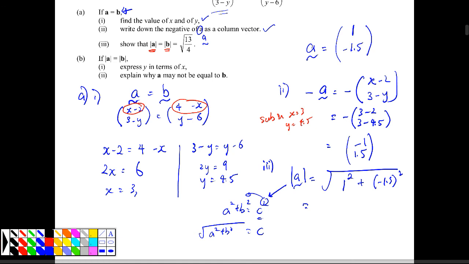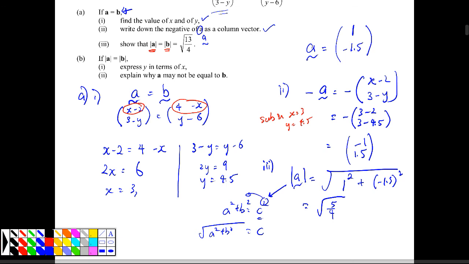The answer on the question actually says square root 13 over 4. So what do you think you should do here? Should you press the calculator for everything, or should you put a number inside the square root? So your answer should be square root something. You get 5 over 4.